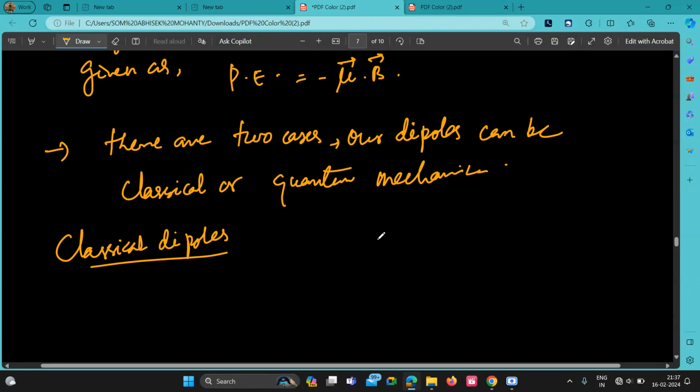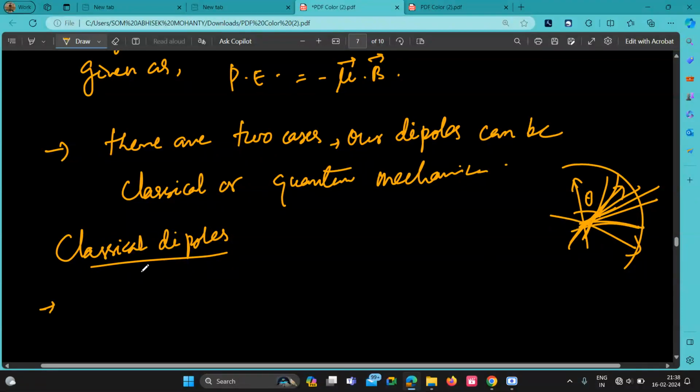Quantum dipole means theta is a discrete variable, that means the magnetic moment will take only particular orientations. You must have studied it in atomic molecular physics, in the vector atomic model, where the orientation is specific, that means discrete, not continuous.